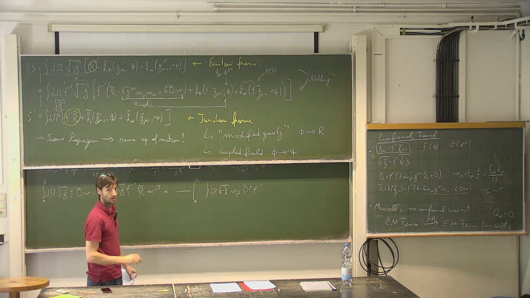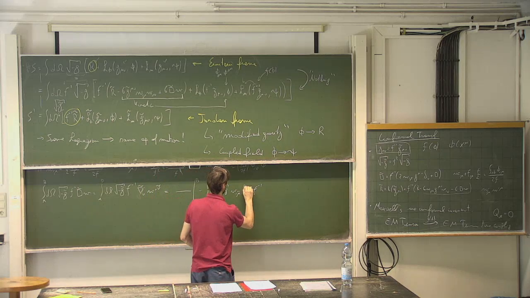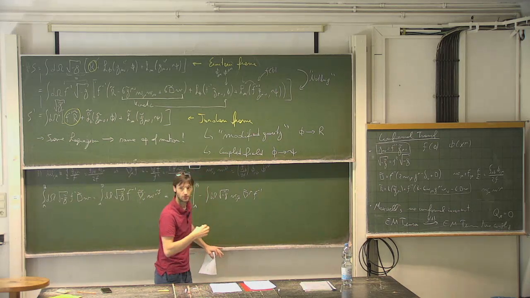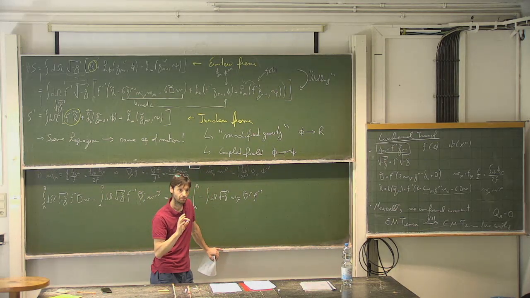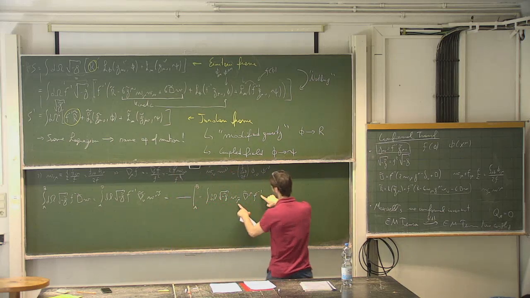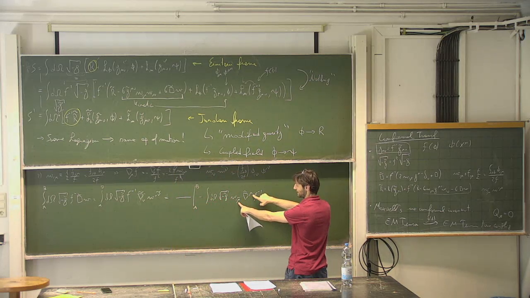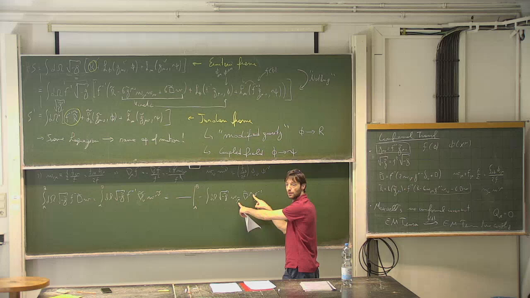Now take care, because here in a way we are assuming metric compatibility. Because you see we have repeated indices up and down. What does it mean?